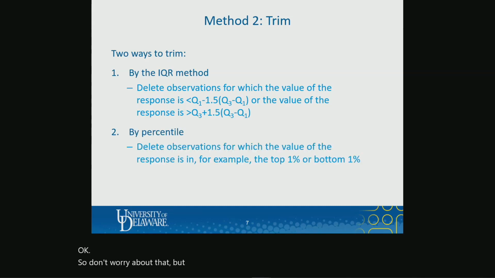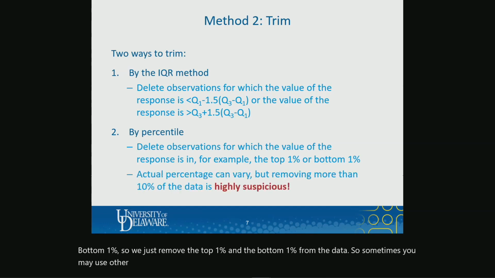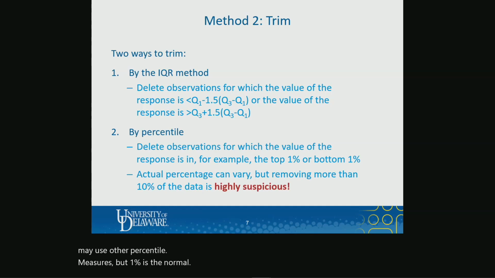But using percentile is much easier. We just take the top 1% and the bottom 1%. So we just remove the top 1% and the bottom 1% from the data. Sometimes we may use other percentile measures, but 1% is the conventional approach.